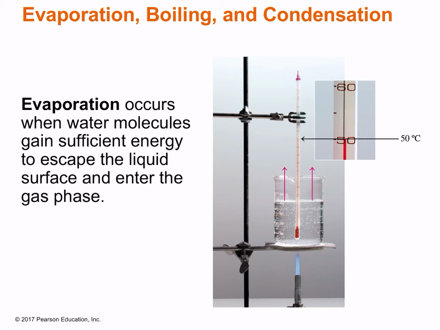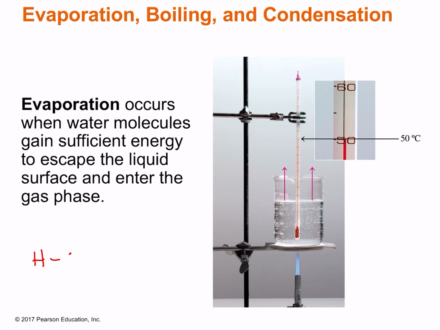So evaporation, if we were to look at this, evaporation occurs when water molecules have sufficient energy to escape the liquid surface and enter the gas phase. The reason it's saying it this way, this escape, is because those water molecules are being held in place by very strong hydrogen bonds, right?